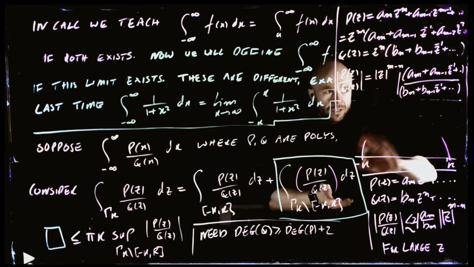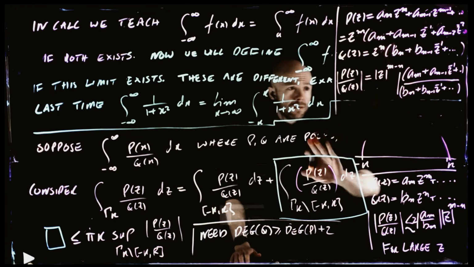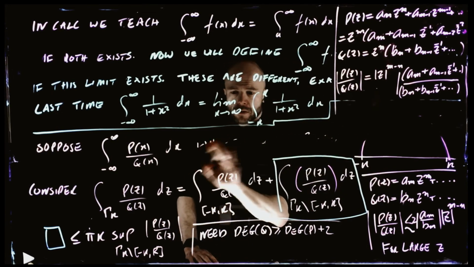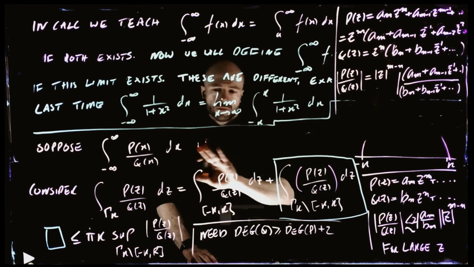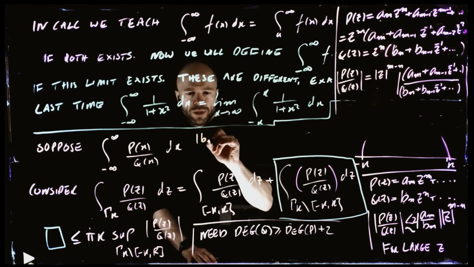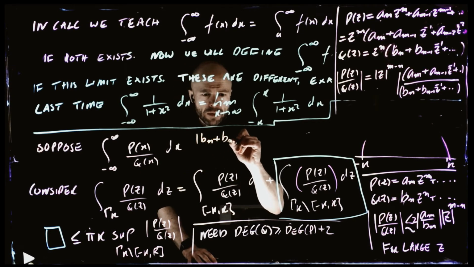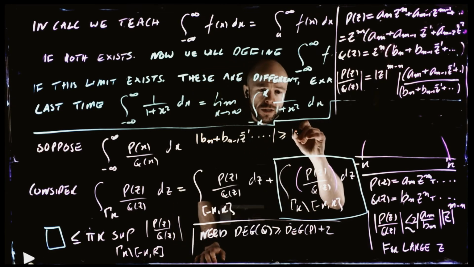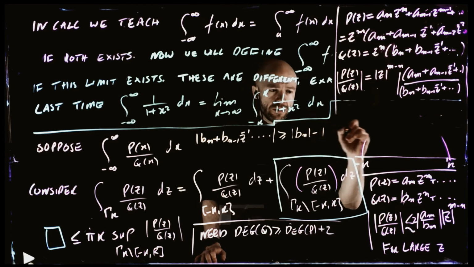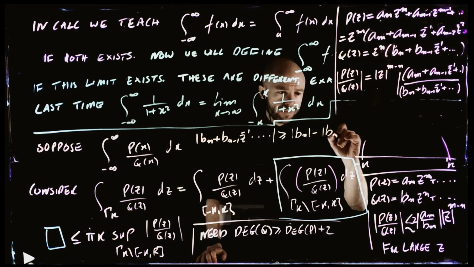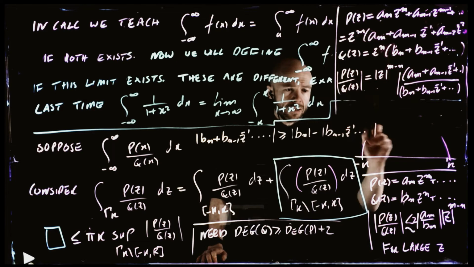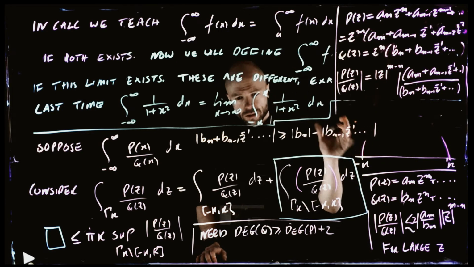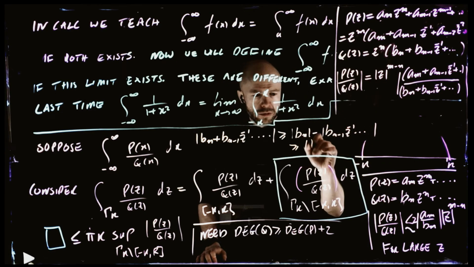So the absolute value of bn plus bn minus 1, z to the minus 1, and so on, by the triangle inequality is at least bn minus the absolute value of all these other terms, and we can make this arbitrarily small as z gets big. So then this is bigger than or equal to bn over 2. Yeah?